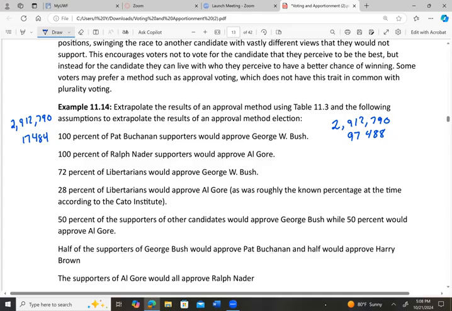So my libertarian vote was Harry Brown. So I need 72%, 0.72 times 16,415. And that gives me 11,819. And then the other 28% will go for Gore. It gives me 4,596.